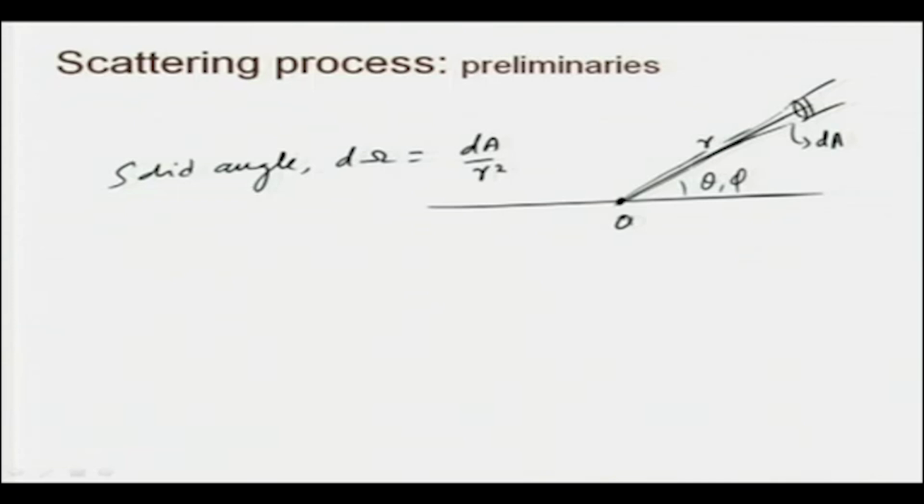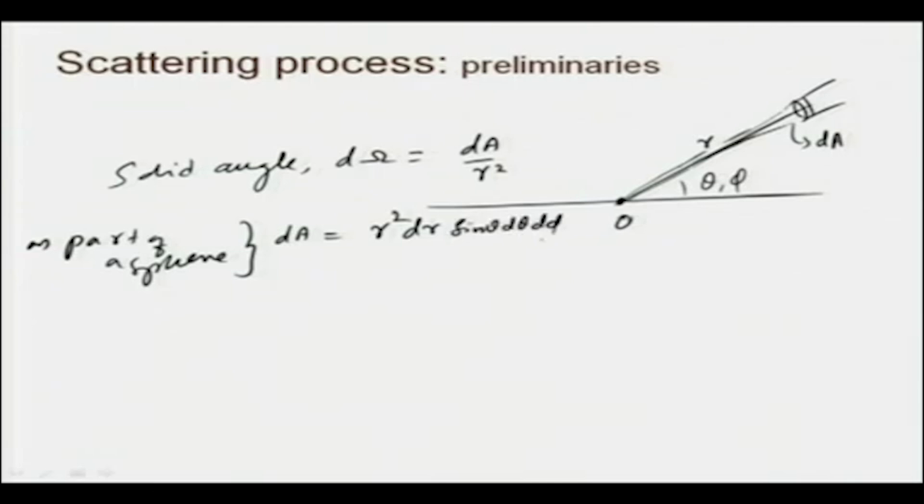If dA is the area and r is the radius of that sphere, then dA, as part of a sphere, is equal to r square sin theta d theta d phi.